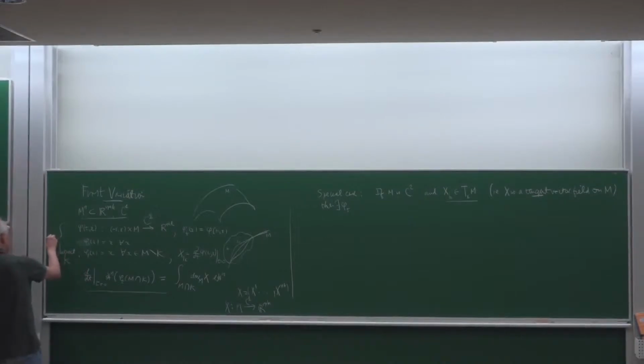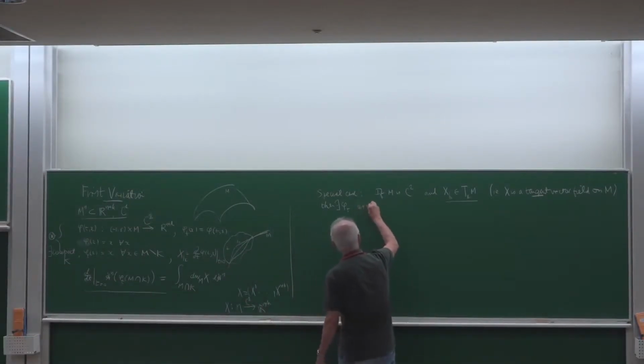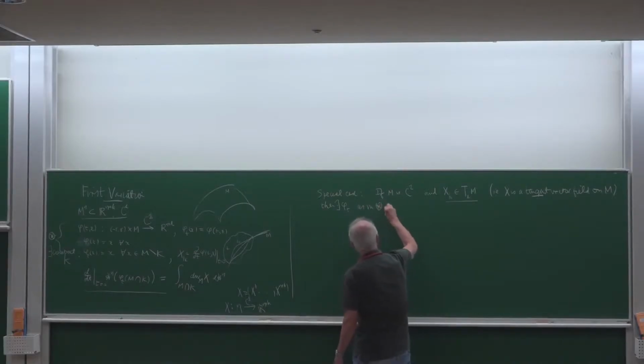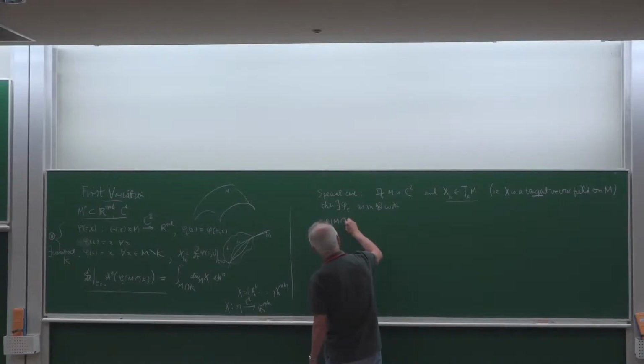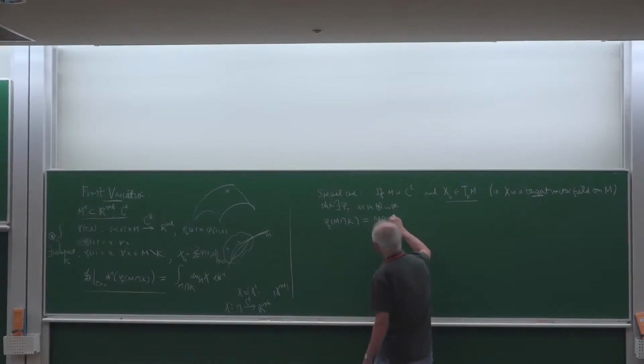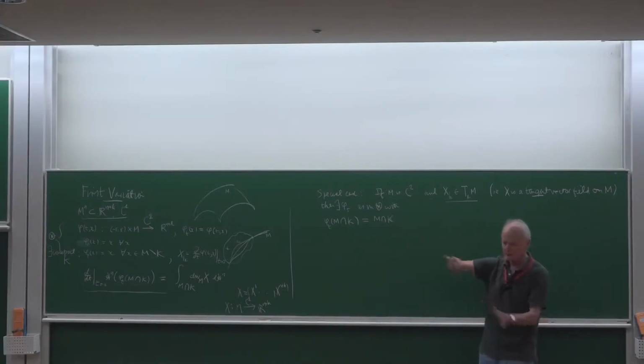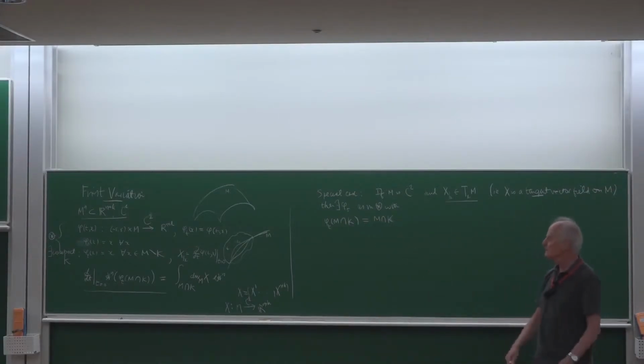There exists a family phi_t as in star with phi_t(M ∩ K) invariant. So phi_t fixes M ∩ K. Notice, of course, it moves points in here, but as a set, it remains fixed. It always moves points back inside the set itself.